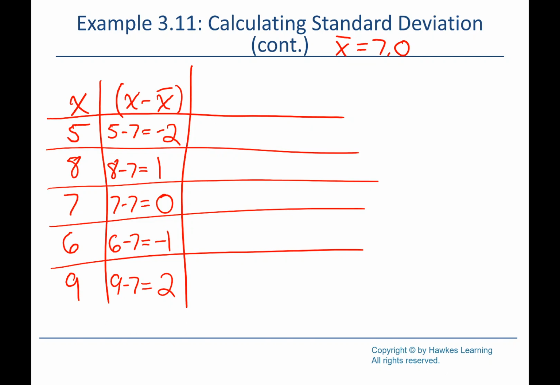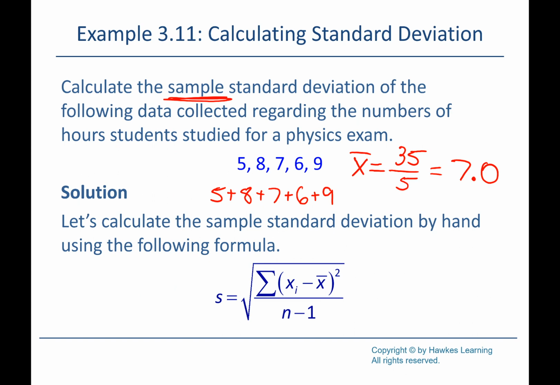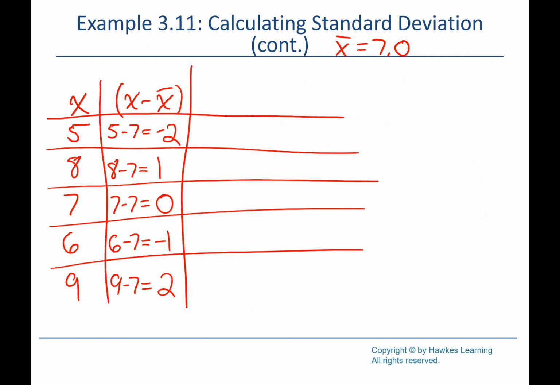And if we go back and look at the formula, the next thing it says we need to do is take those new numbers we just got and square each one. So we'll have x minus x bar squared.